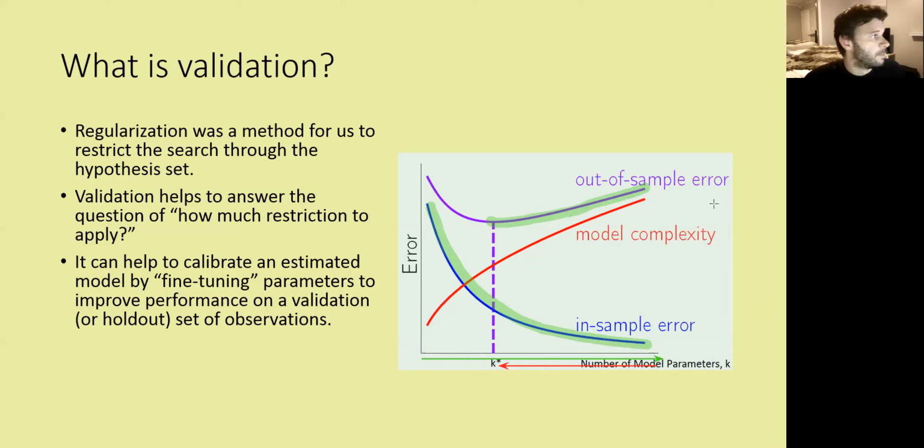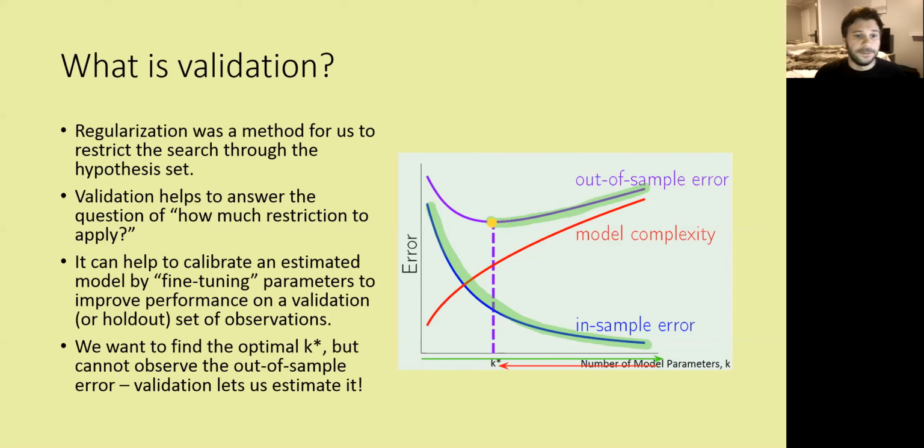It puts us right at the minimum of our out-of-sample prediction function right here. And that value K star, that is really what we want to find, because that value will tell us essentially how much regularization to implement.